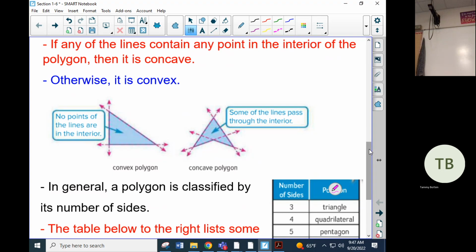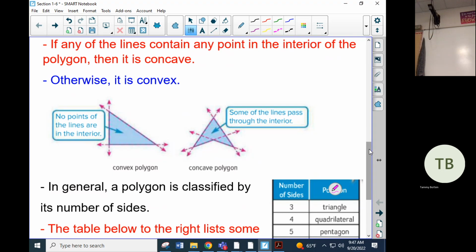Okay, so if you notice in pink here, they extended all of the sides. If when they extend the sides, you go in the inside of the polygon at all, that would be concave. Okay, you look at this one right here, they extended these sides, but when they went to extend this one, notice they went inside of the figure.